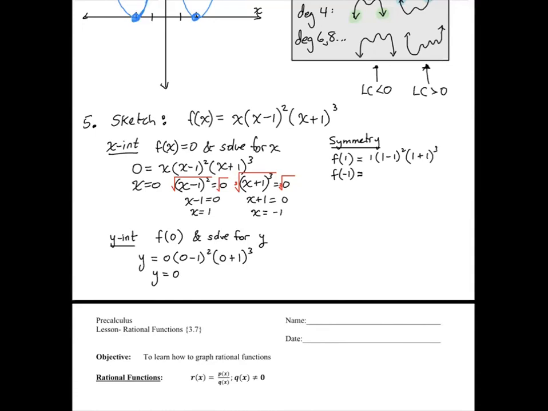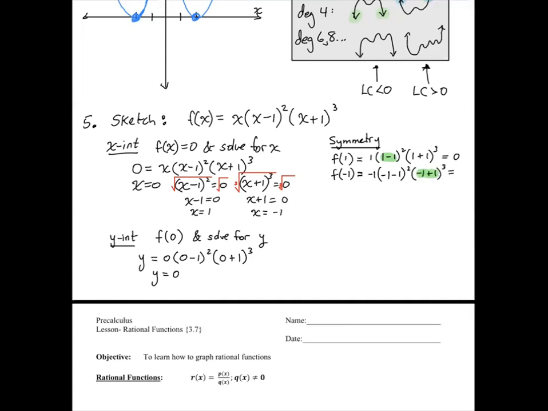If you look closely, you see that we have a 1 minus 1 here, which gives me a 0. So that means that this is going to zero out, right? If I put in a -1, we run into the same issue where it zeroes out.